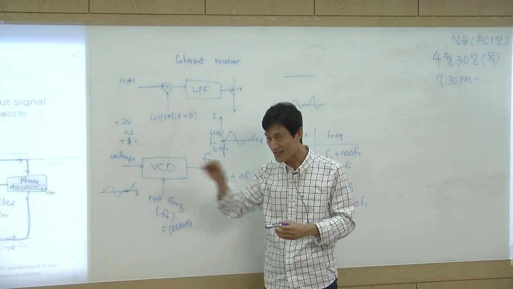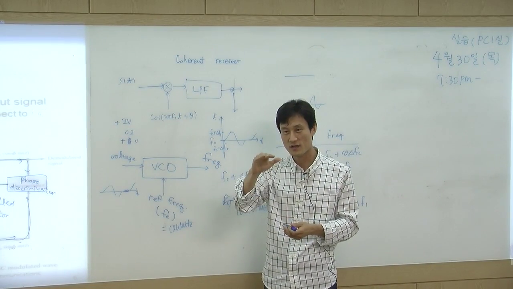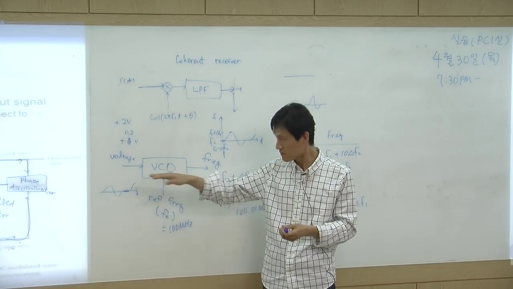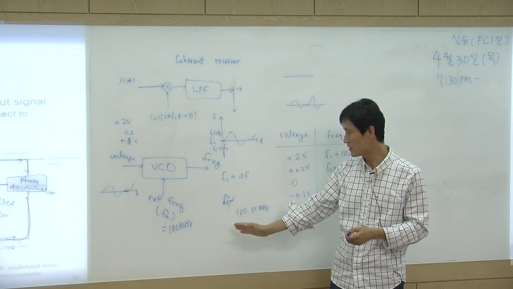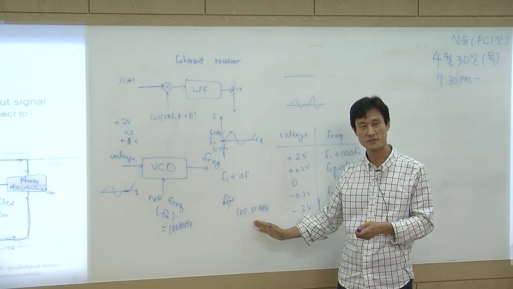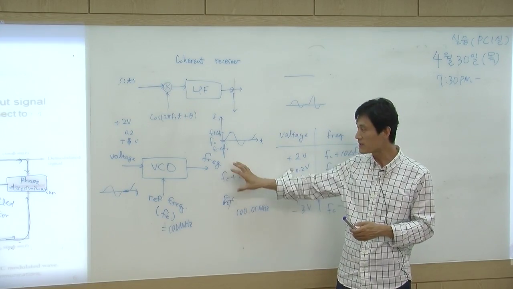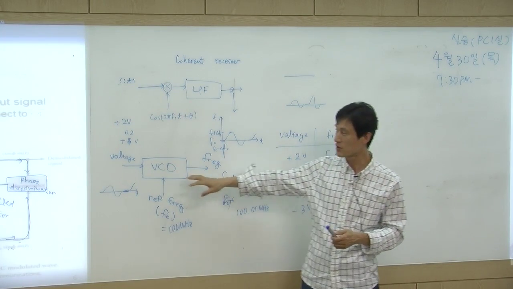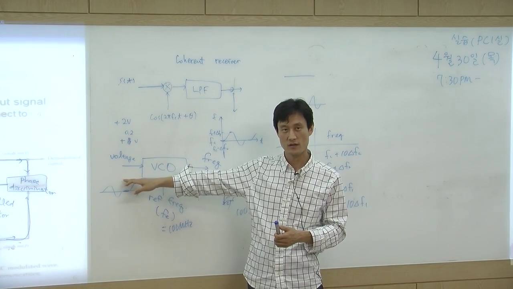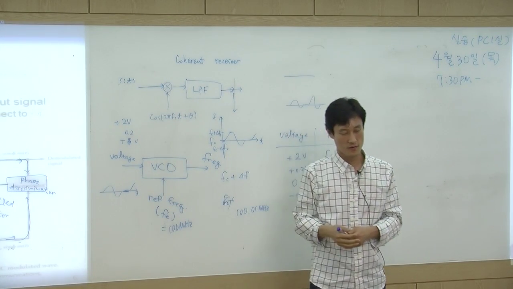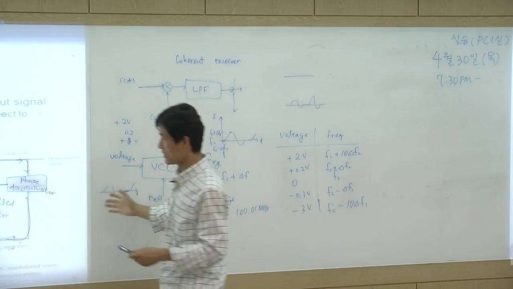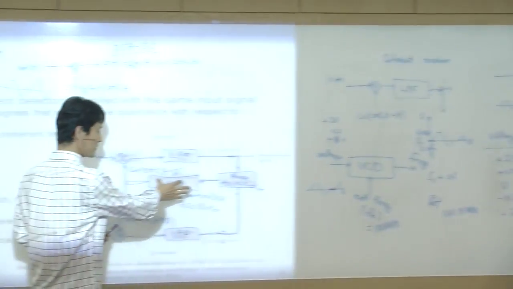You put a little bit of plus voltage, just a constant plus voltage. Then your output is going to be a little bit higher. So you can make your own frequency based on voltage. That's what you want to do. So that's the output. That is a VCO.